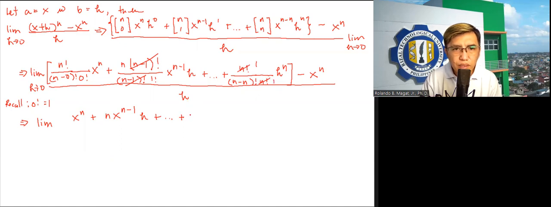Minus x to the n, all over h, as h approaches 0.